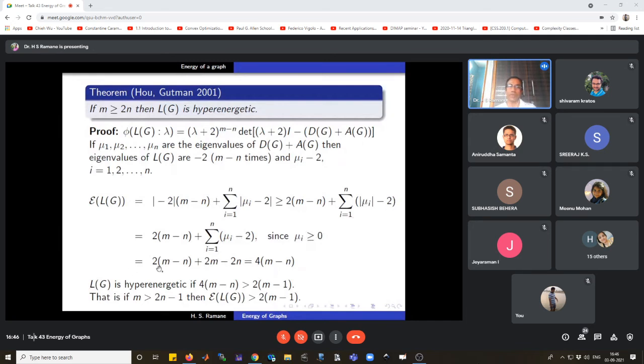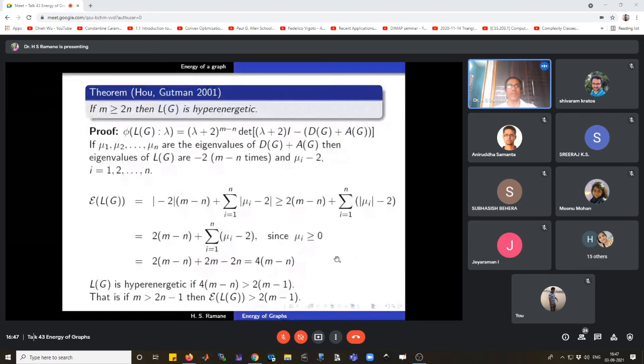So you get here 2 into m minus n, and the sum of mu_i is nothing but the sum of the diagonal entries of this matrix D_G plus A_G, and that is the sum of the degrees. The sum of the degrees is 2m. So it is 2m minus 2n, that is 4 into m minus n, and this will be hyperenergetic if it is more than 2 into n minus 1. And that is true when m is more than or equal to 2n. So every line graph of G is hyperenergetic provided the number of lines is more than or equal to 2n.